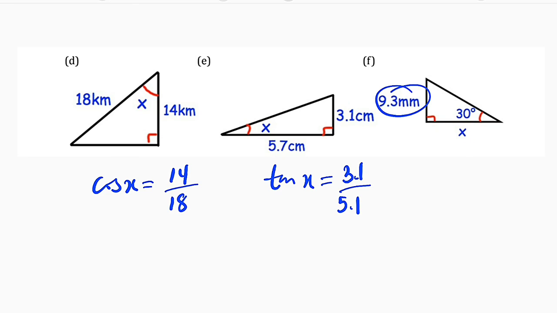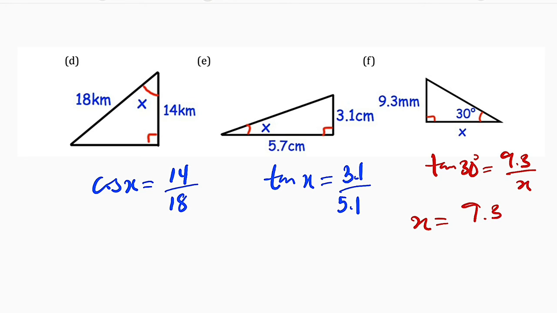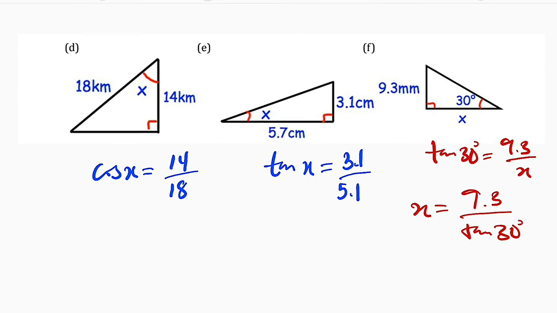This is tangent as well. We have tangent of 30 degrees equal to opposite 9.3 divided by x. So x will be equal to 9.3 divided by tangent of 30 degrees. Use your calculator, compute.